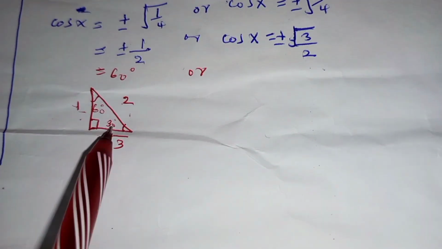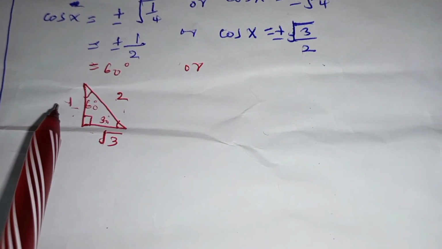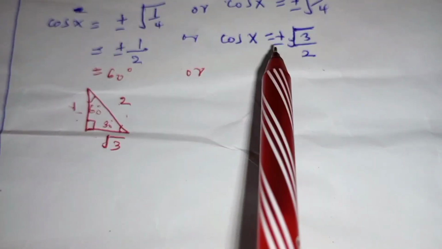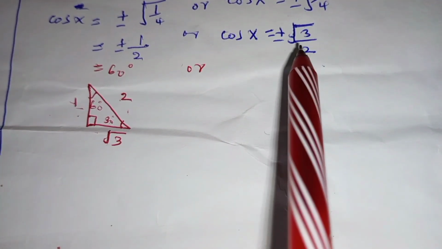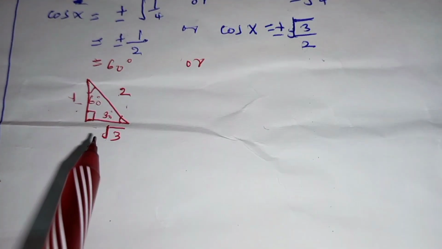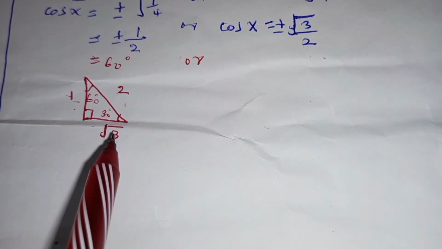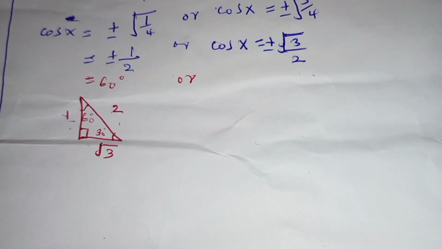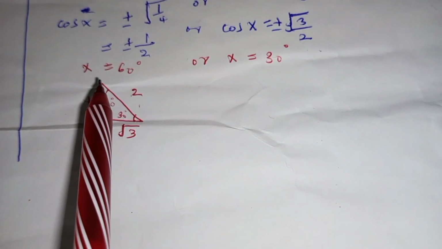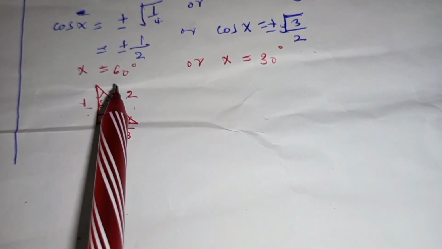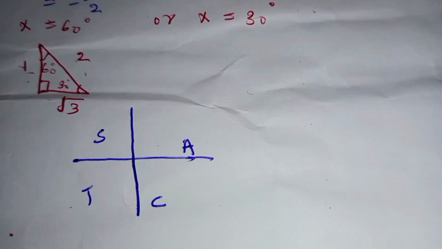From this diagram also, the cos whose value is root 3 over 2 is 30 degrees. So we have the value of x being 60 degrees or 30 degrees.